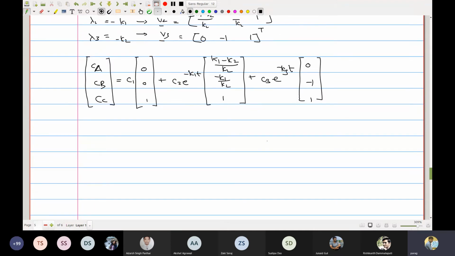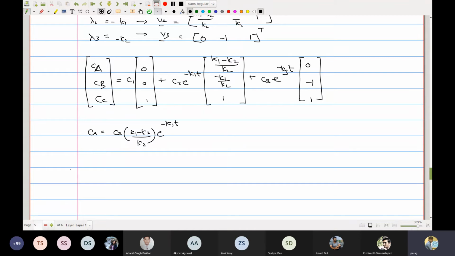And let me put it a little more elegantly. CA will be equal to 0 plus C2 (K1 minus K2) upon K2 e to the power minus K1t, right?